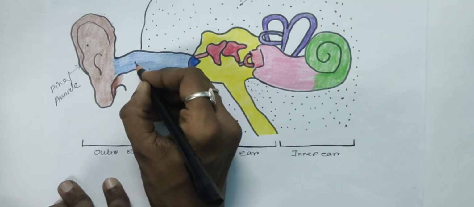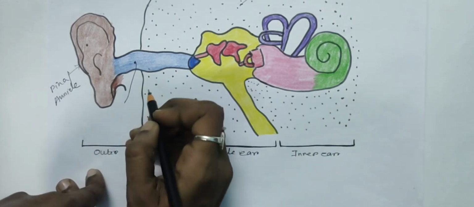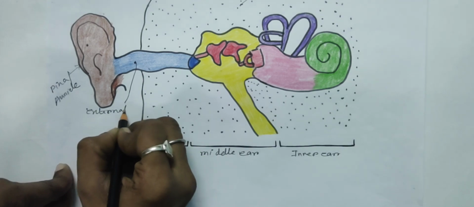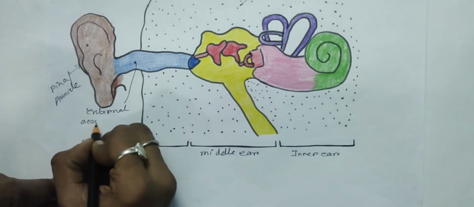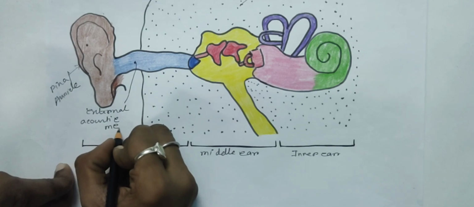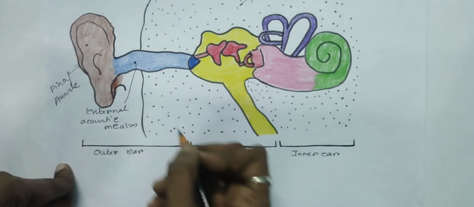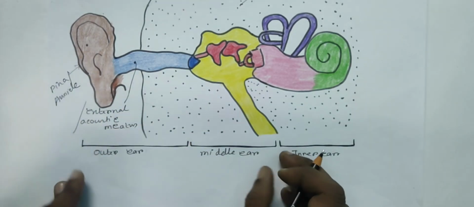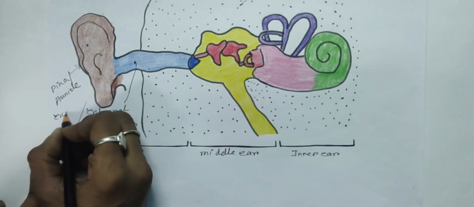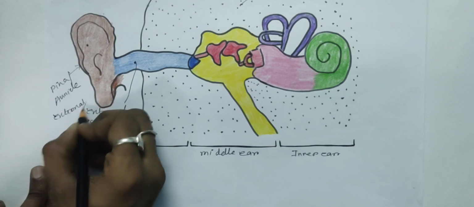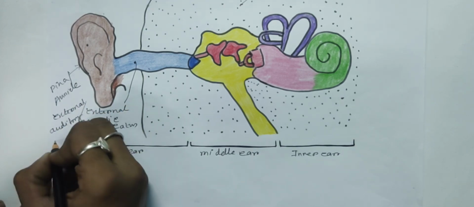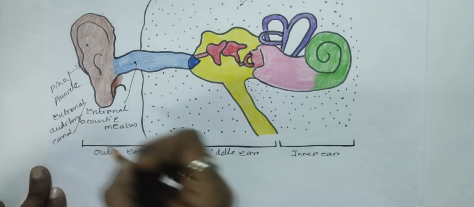It is called the external acoustic meatus, or we can say external auditory canal.